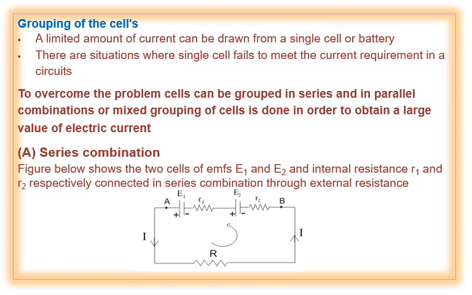The first cell's negative terminal is connected to the positive of the next cell. And similarly, if there are three cells, then the second cell's negative will be connected to the third cell's positive. Such a type of combination is known as series combination.